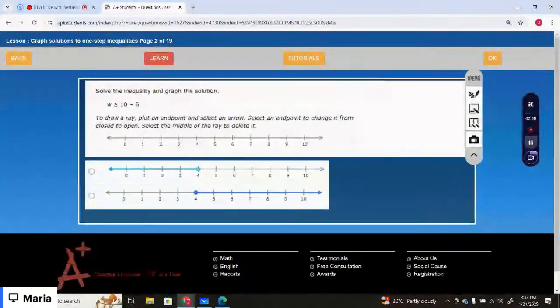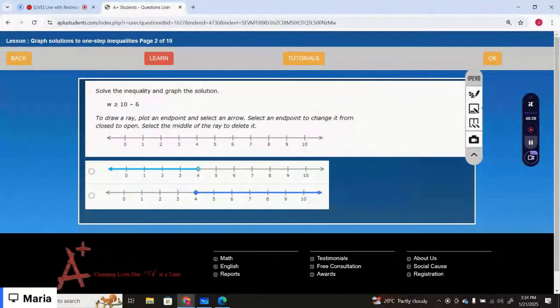Solve the inequality and graph the solution. So which is the correct option? W is greater than or equal to 10 minus 6.